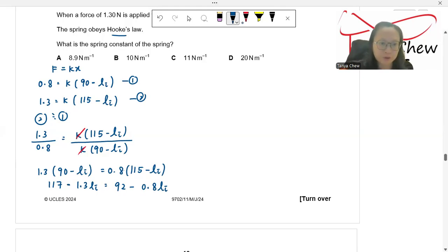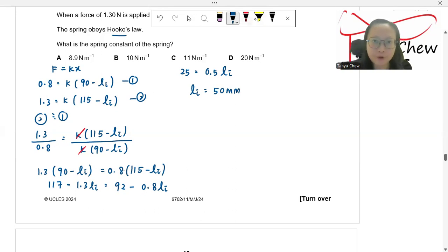So I'll just put 117 minus 92. This is 25, equal to 1.3 minus 0.8, which is 0.5 initial length. My initial length would be 25 divided by 0.5. I get 50 millimeter as my initial length of the spring.